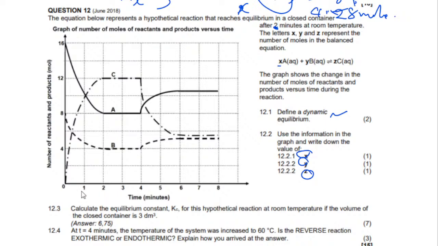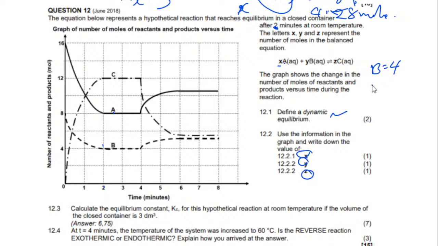So if you look at this, where is X? X is A, and then Y is B, and then Z is C. Here, this one is 4, so B is equal to 4 at equilibrium.